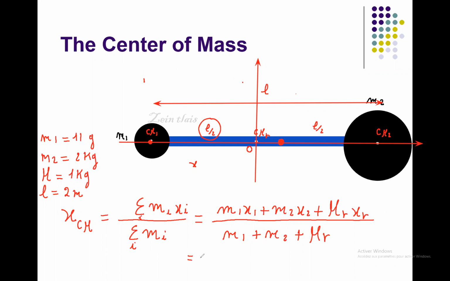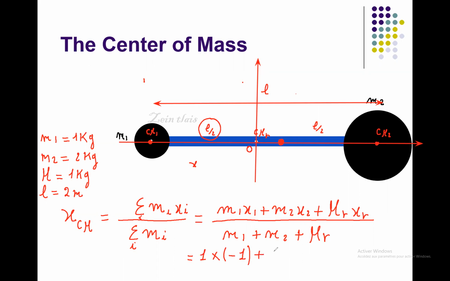So here we can write m1 equals 1 times x1 equals minus L over 2, equals minus 2 over 2 equals minus 1. So minus 1, plus m2 is here.